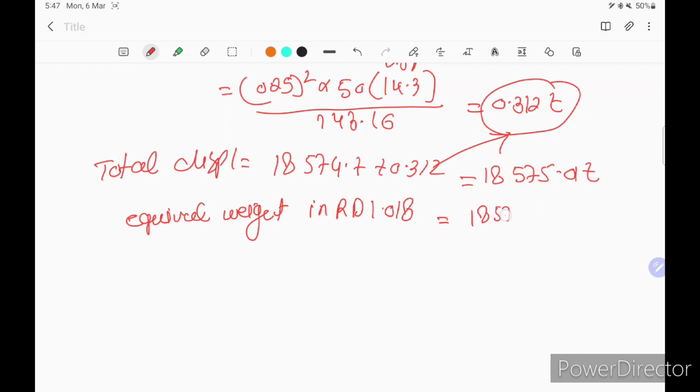So 18575.01 into 1.018 divided by 1.025, 18448.15 tons.